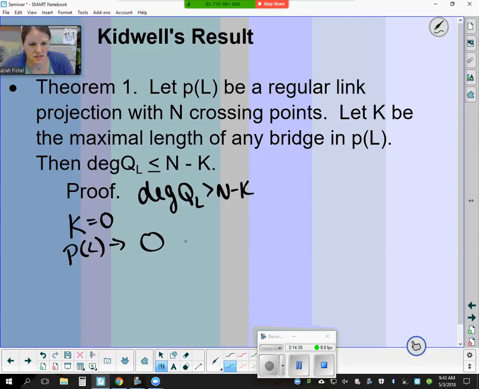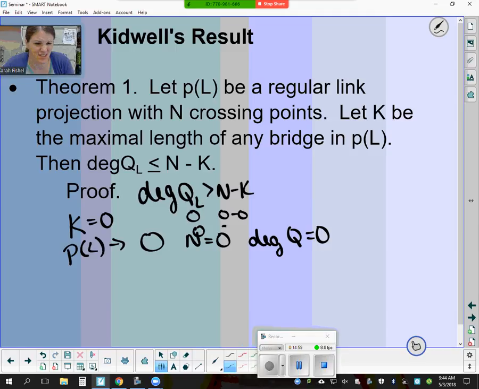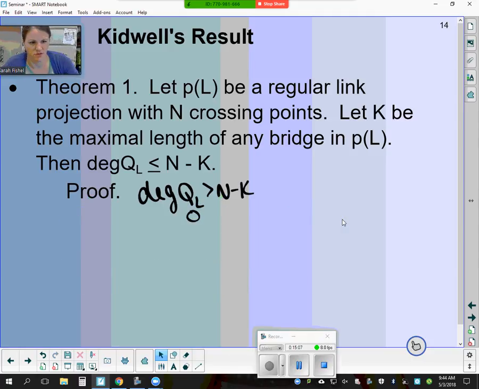Then our number of crossings is obviously 0, and the degree of Q has to also be 0. But we wanted it to be greater than n minus k, and n minus k is also 0, so we do not have that it is greater. So again, we do not end up with a valid counterexample.